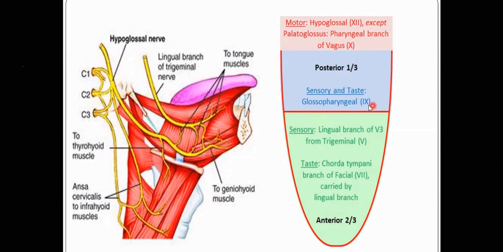Posterior, glossopharyngeal. These are the number of the 9th cranial nerve. This is the 5th cranial nerve, trigeminal part, and this is 7th facial. And the most posterior part is from the vagus nerve and the hypoglossal nerve. So here you can see, if you recall this diagram, you can go through your nerve supply of the tongue.